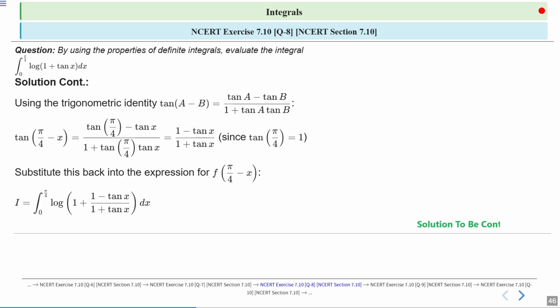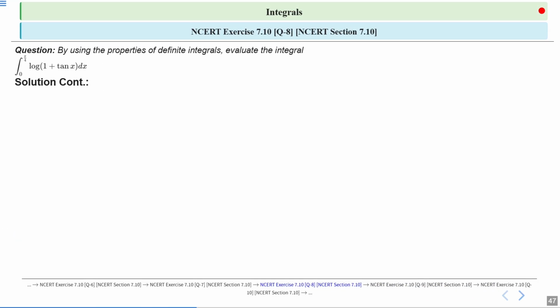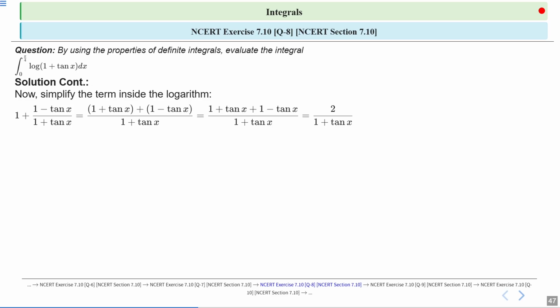Now we simplify it more. So just simplify the term inside the logarithm. So 1 + (1 − tan x)/(1 + tan x) becomes (1 + tan x + 1 − tan x) / (1 + tan x).